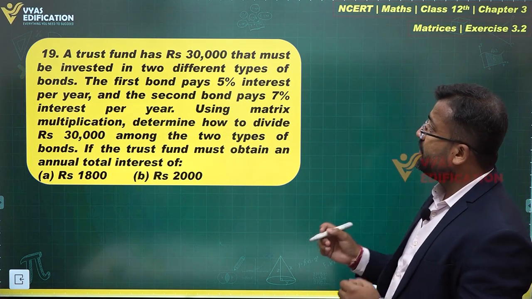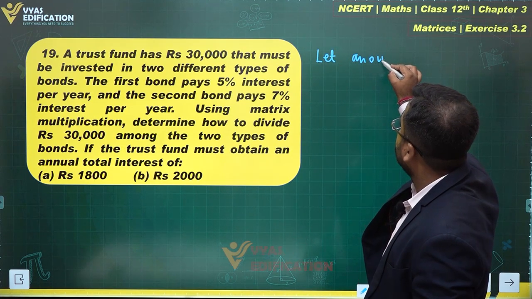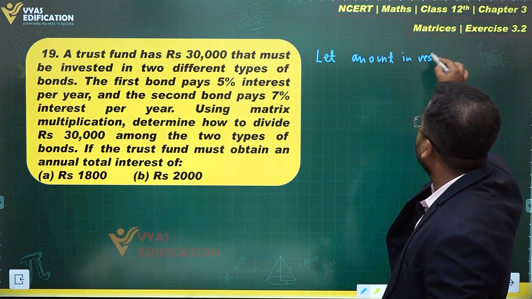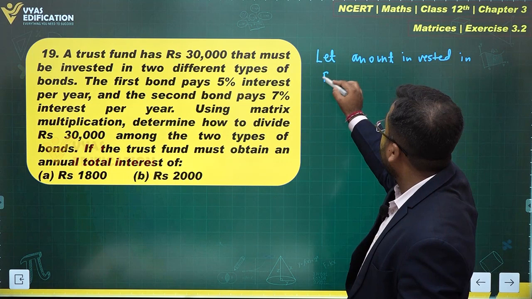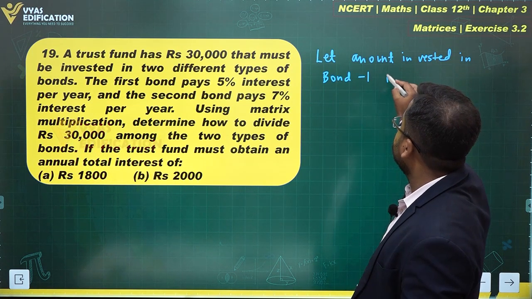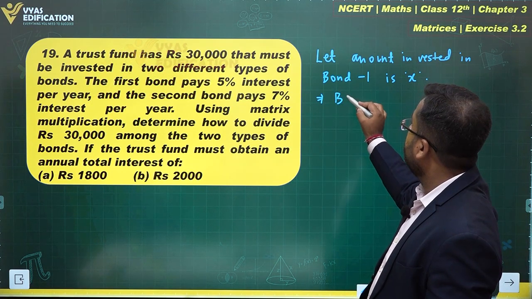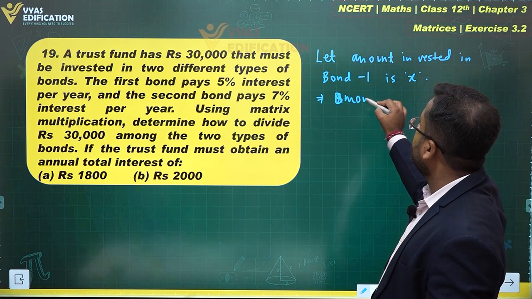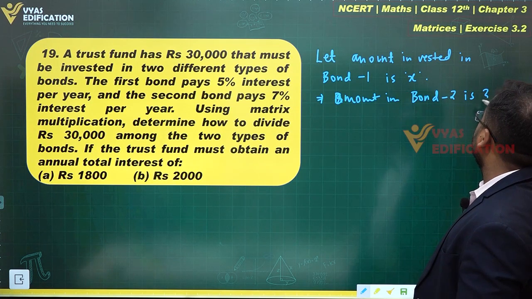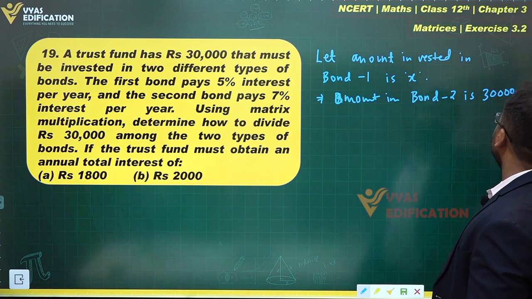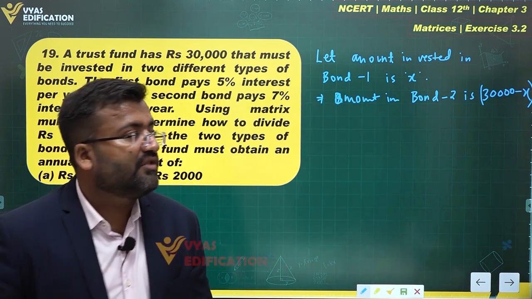Let the amount invested in the two types of bonds, in bond 1, be X. This implies the amount invested in bond 2 is 30,000 minus X, right?